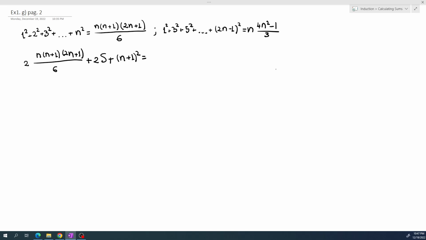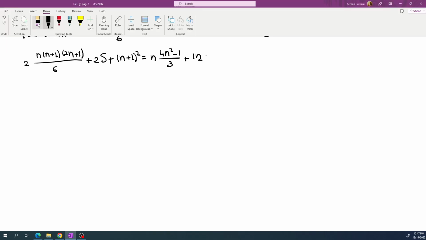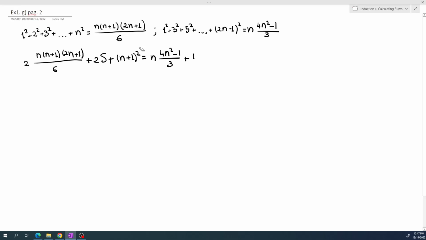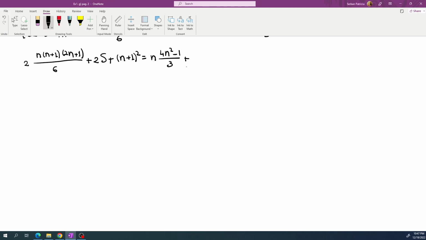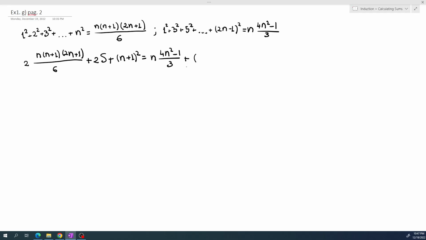And here I have the sum of the first n odd numbers, and this is n multiplied by 4n squared minus 1 over 3 plus 2n plus 1 squared.